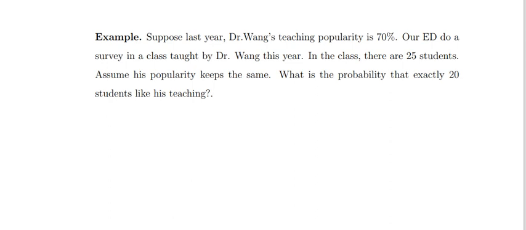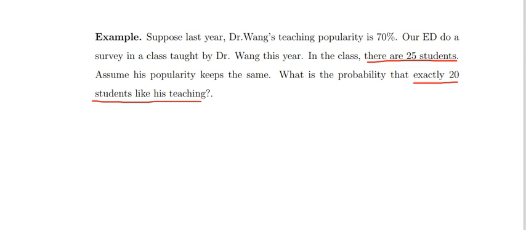So let's check this problem. Say for my teaching, suppose you either like me or do not like me, just 2 cases, right? Now suppose in our class we have 25 students. We want to find the probability that exactly 20 people like my teaching. 20 like means 5 do not like, right?